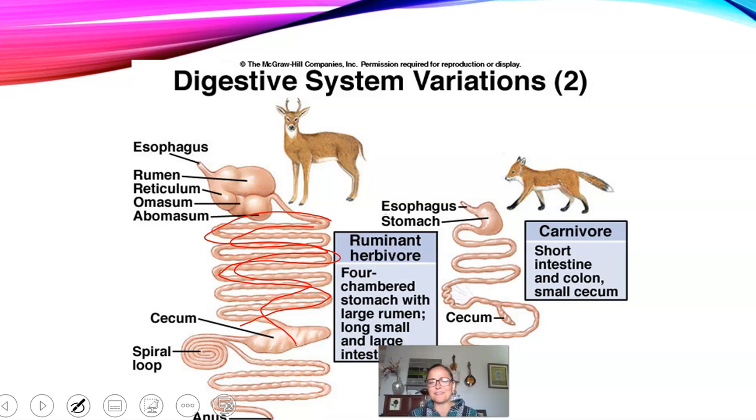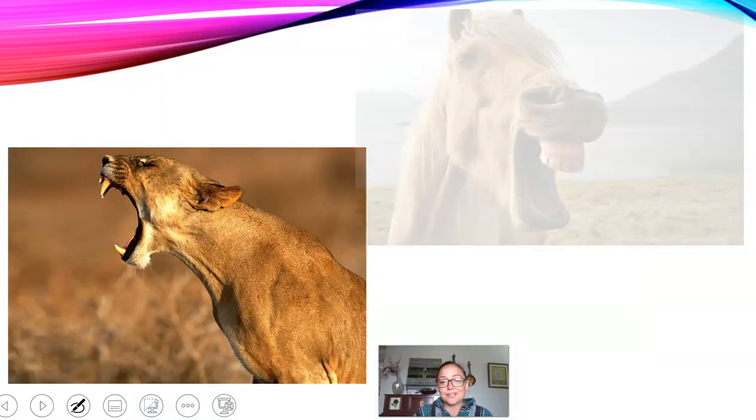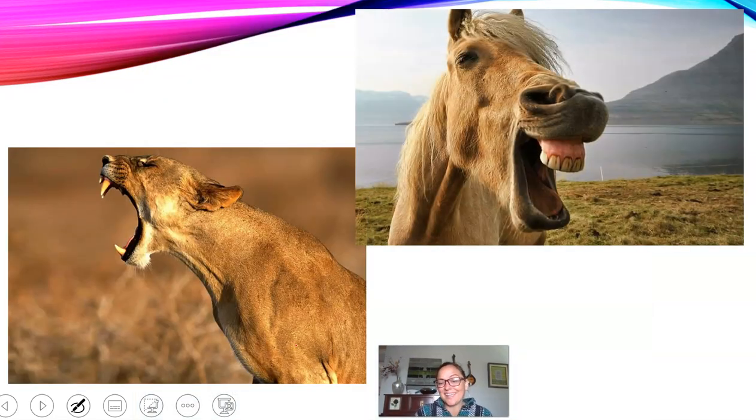And then the carnivore, eating meat, if your intestines were super long, like in these herbivores, that meat would sit and kind of rot in those intestines. So therefore, they've evolved to be a little bit shorter to have the meat transfer through the digestive system pretty quickly. And then for obtaining nutrients, we have different types of teeth and fangs.